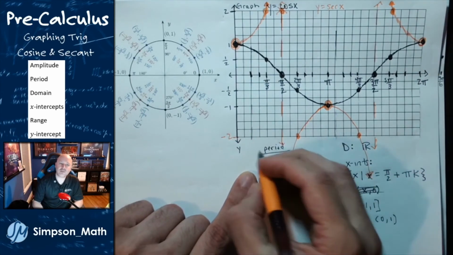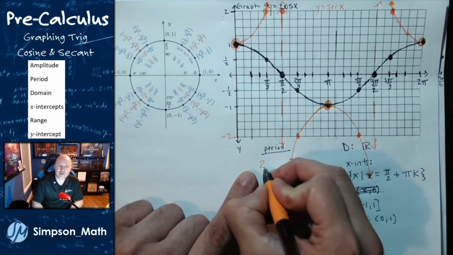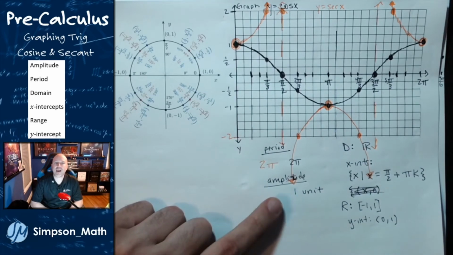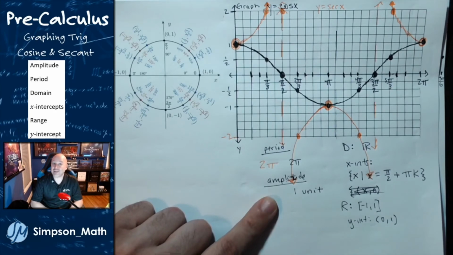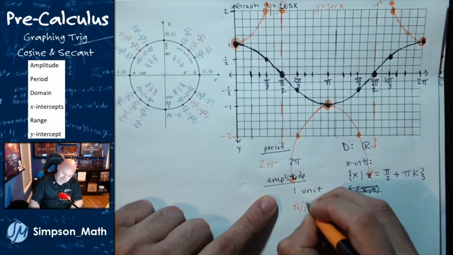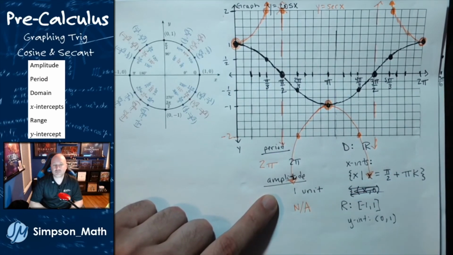So far, all of these graphs have had a period of 2 pi. Amplitude. There is no max value. This is a bad question, but if I do ask it, you could say it's not applicable. It's just not even defined. Like this is just, no, bad question.